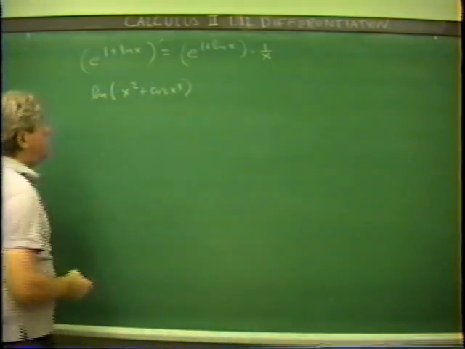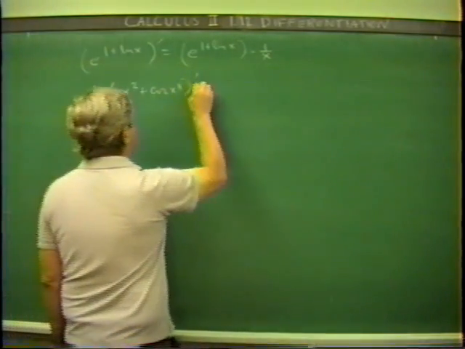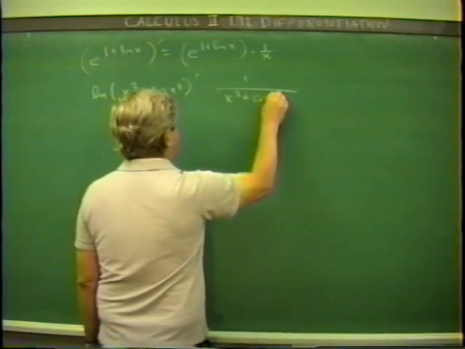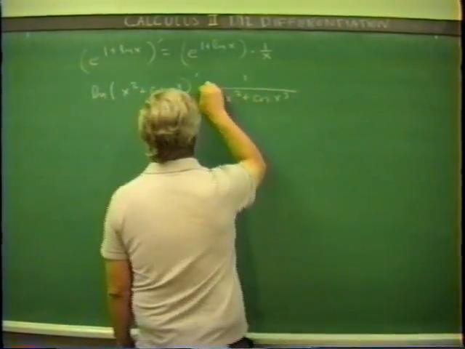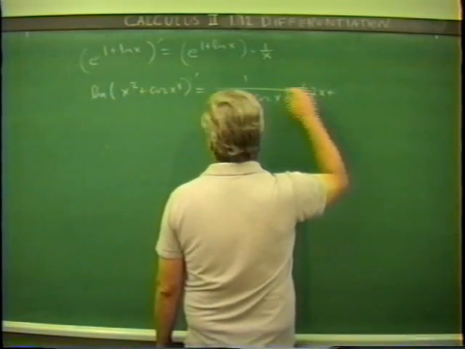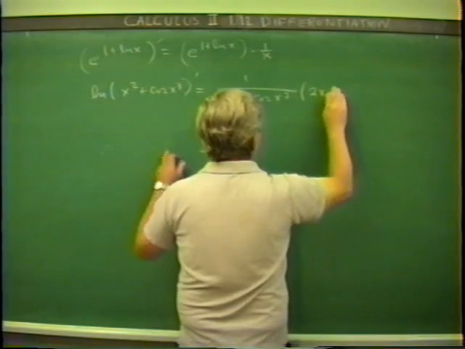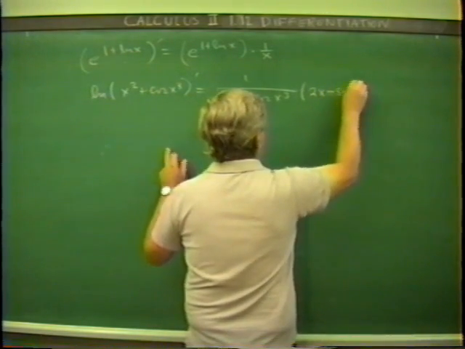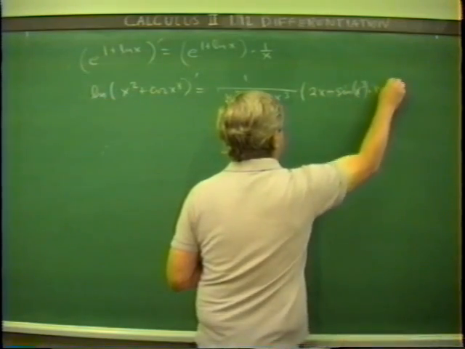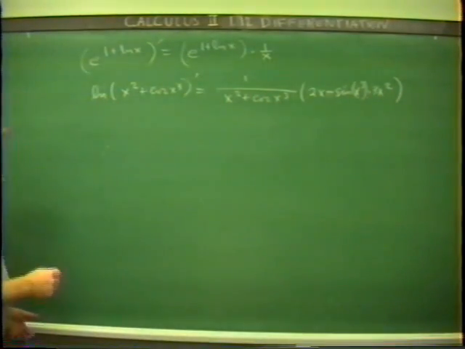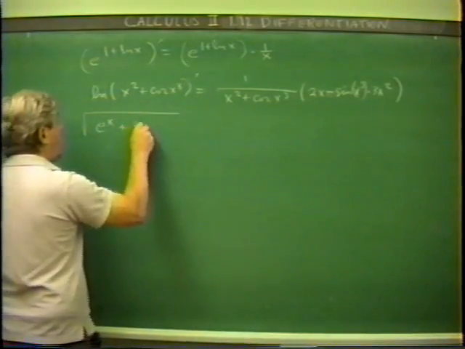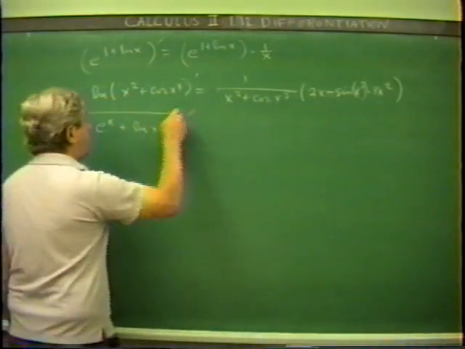If you have the logarithm of x squared plus cosine x cubed, the derivative is 1 over x squared plus cosine x cubed times the derivative of x squared plus cosine x cubed, which is 2x, plus, well, minus the sine of x cubed times the derivative of x cubed, 3x squared.